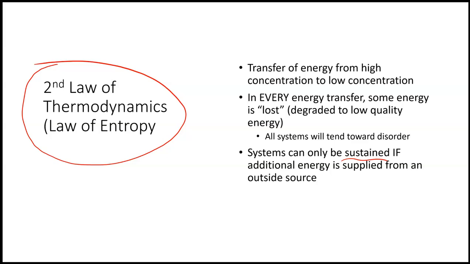So ecosystem-wise, that means we constantly need sunlight, or another way to bring energy into the system, because every time it transfers at every trophic level, some of that energy is degraded to heat, and while the total amount doesn't change, what's usable decreases by about 90% with every single transfer.